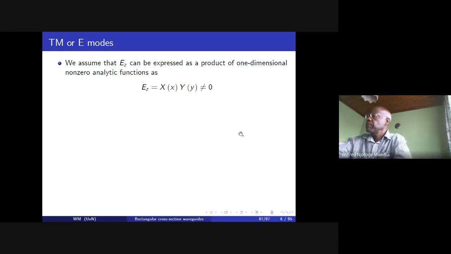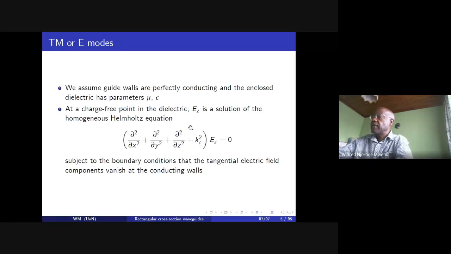Remember what I said, this is a slight problem here. This should be just k, not kc, so that this whole thing should be kc. This is an error there.